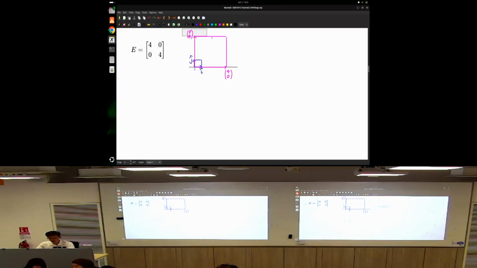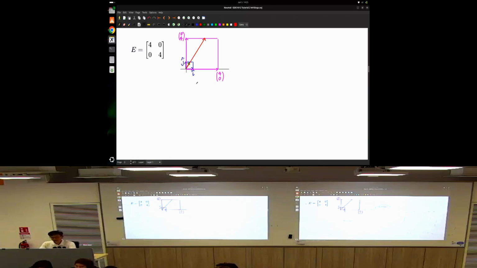So if you were to take this and multiply by any vector, that means linear transforming any vector. Let's say, for example, this vector. After you multiply by this, it is going to get scaled up 4 times as well. You notice that? So this is also evident: any vector you multiply by E is just going to get scaled up 4 times longer.